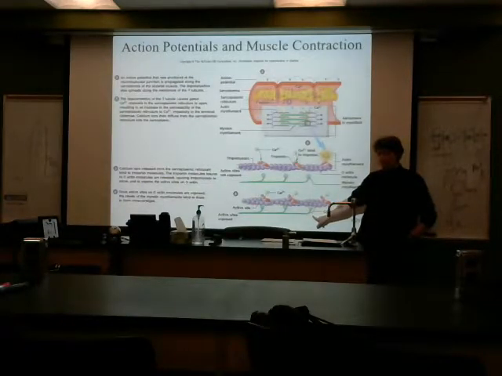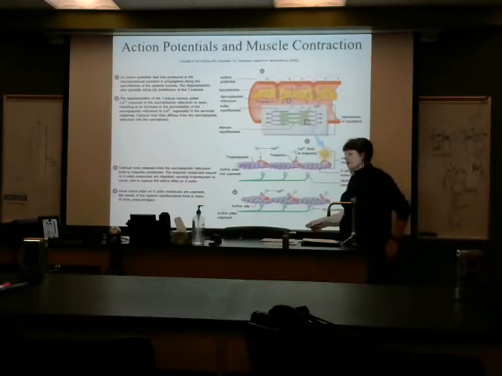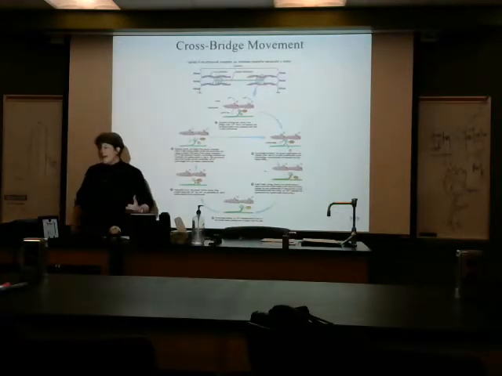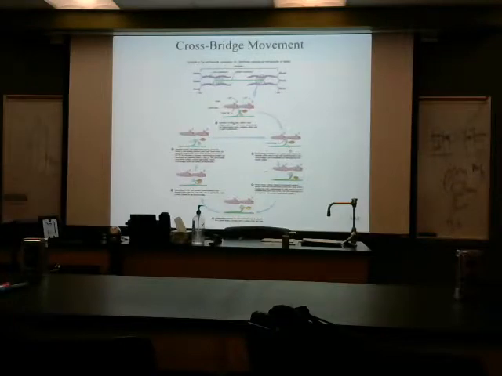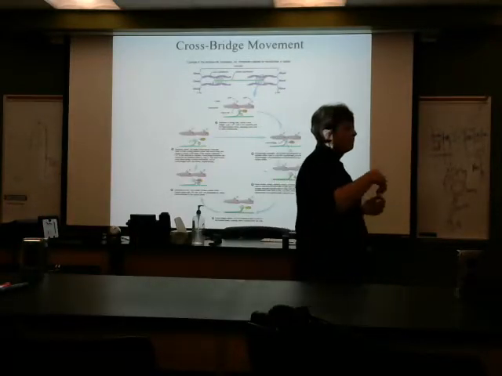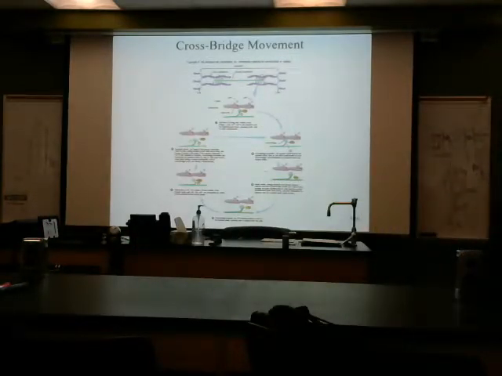Does that make sense? Now remember, when this occurs, when we have the attachment of the myosin to the actin, the one thing that's needed for the myosin to release from the actin, we need energy.